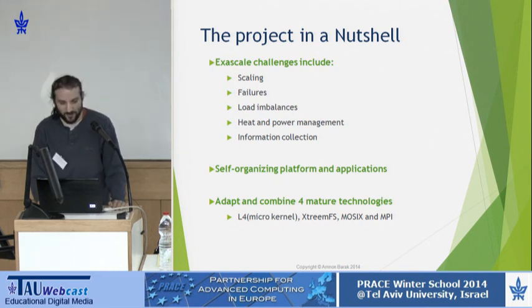Heat and power management, that's power and heat is a huge problem when it comes to this scale of computing. Information collection, we need to collect information about all the nodes in the cluster. When there's 1 million of them, it's also a problem.